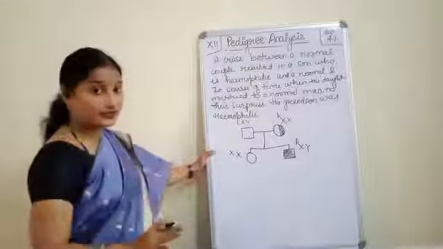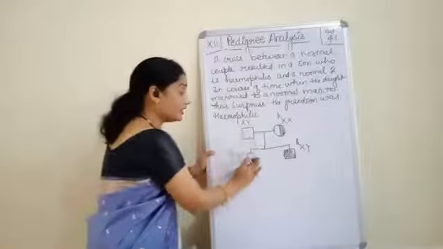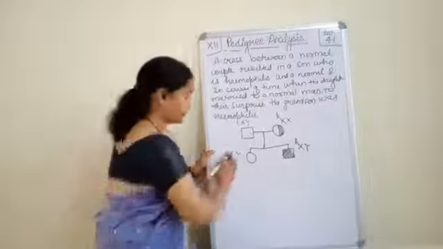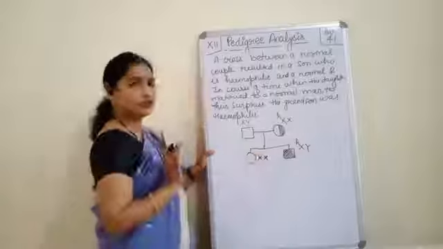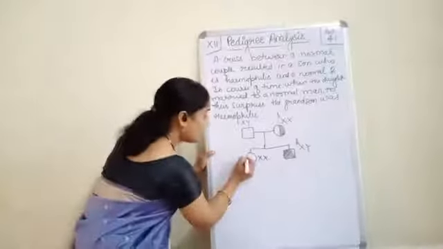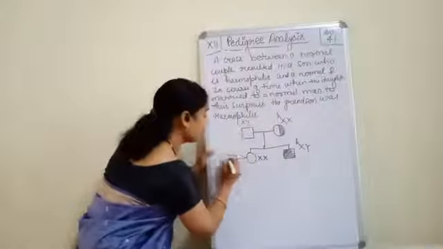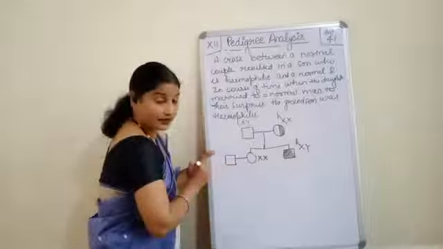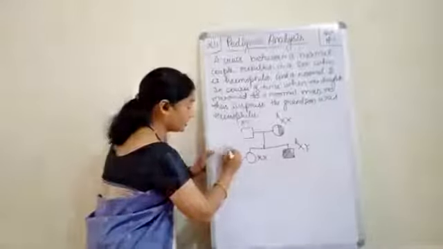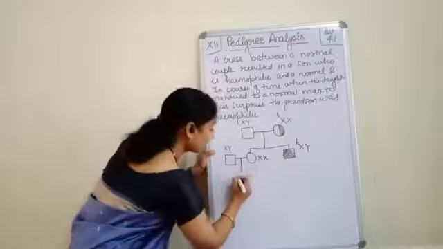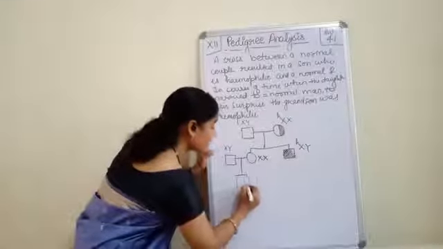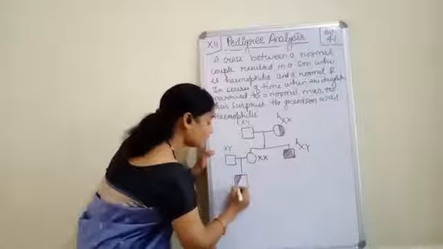Till now it is clear, and the girl is normal. So what can we write down? We can see its genotype. Till now the girl is normal. If this girl is married to a normal man, this is the XY. Now, they produce one son and the son is hemophilic.